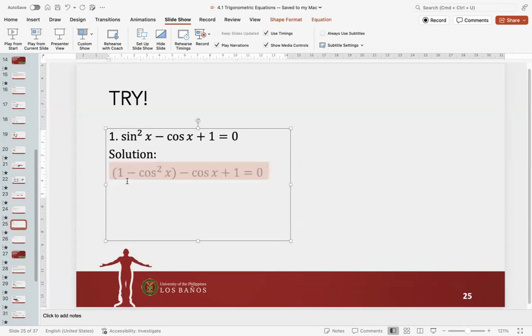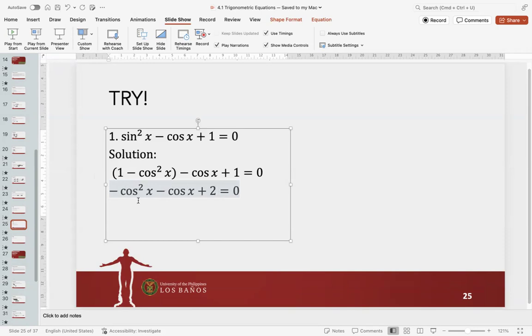Next, we can now simplify. So we just have 1 minus cosine squared x minus cosine x, and then 1 plus 1 is just 2. So 1 here and 1 there, we can just combine them.